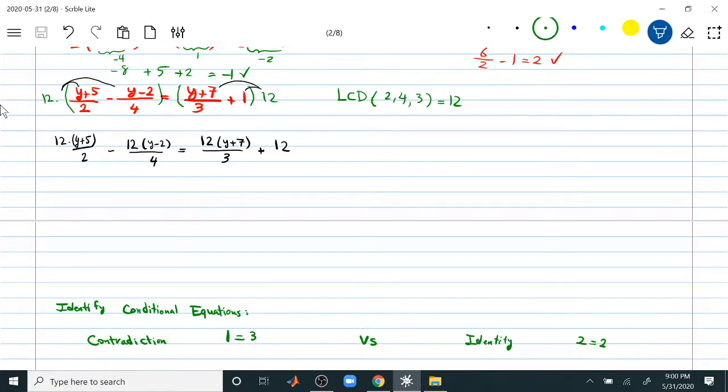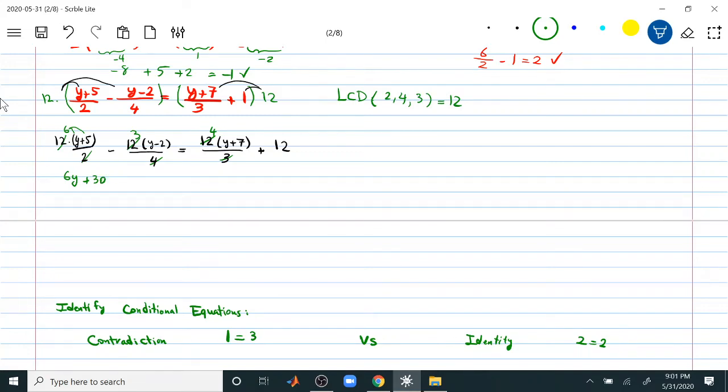Here, 12 divided by 2 is simply 6, so I have 6 times (y plus 5). 12 divided by 4 is simply 3. 3 times (y minus 2), with a negative sign. 12 divided by 3 is 4. By simplifying first, it makes the work easy, so I do not need to divide later. 6 times (y plus 5) is 6 times y, 6 times 5, distribute each one, 30.